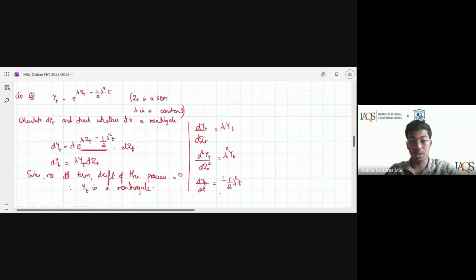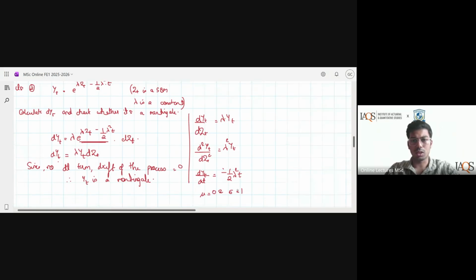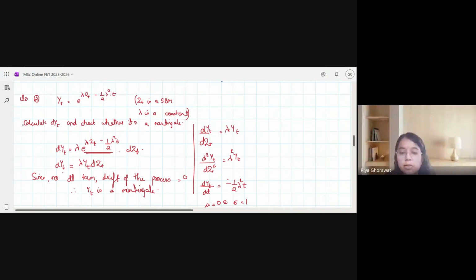And your mu and sigma are going to be 0. The last term would be minus half lambda square Y_t.